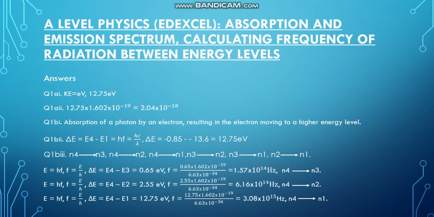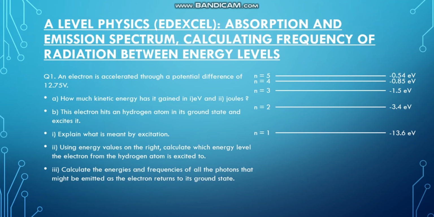In this case, I considered using the fourth energy level, and I subtracted the ground state energy. So I got negative 0.85, subtracted by minus 13.6, and I got an answer of 12.75 electron volts. So basically, the electron in the ground state can jump up to the fourth energy level.